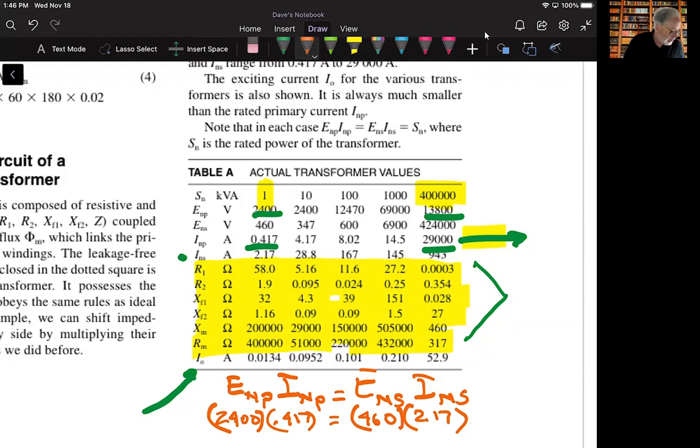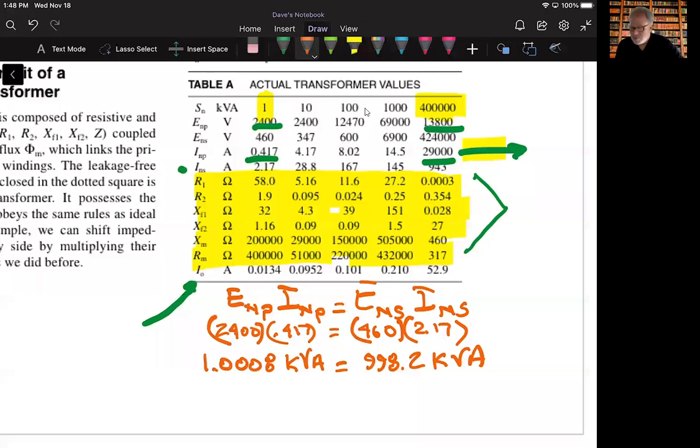That's the characteristic of the transformer: the power stays the same, the voltage times the current stays the same. What changes is the breakdown between the voltage and the current. So I went ahead and quickly did this for you.